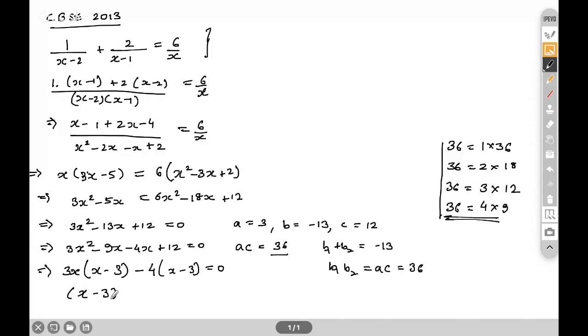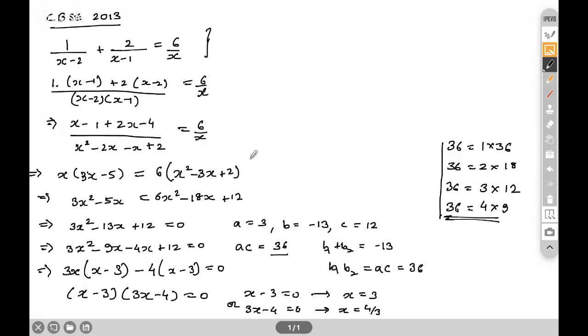This is reduced to (x − 3)(3x − 4) = 0. So either x − 3 = 0 or 3x − 4 = 0. From this you will get x = 3, and from this you get x = 4/3. Okay, so this is a trick.